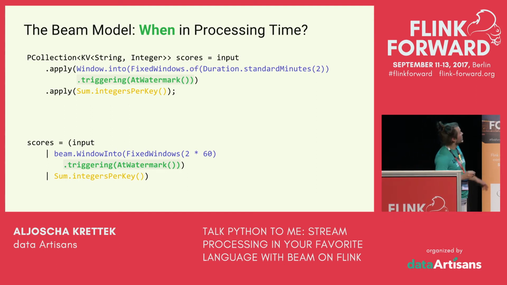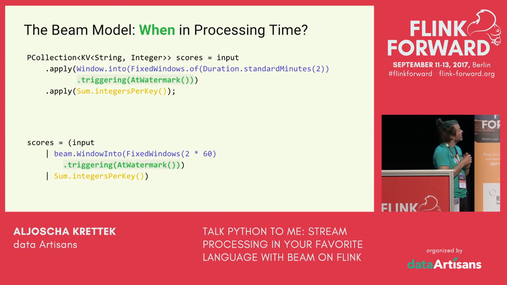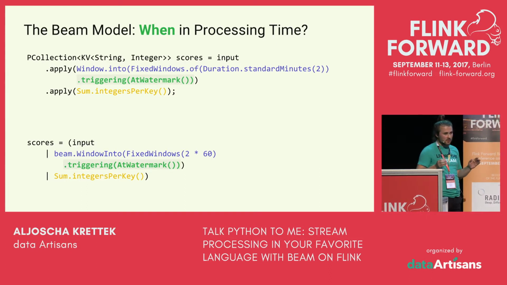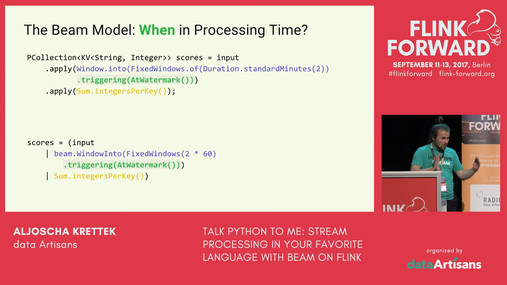Now, if we only have the what and the where, then we are still in batch territory. But as soon as we can specify a when, meaning when in processing time do we actually want to get results on this stream, for this we specify a trigger.